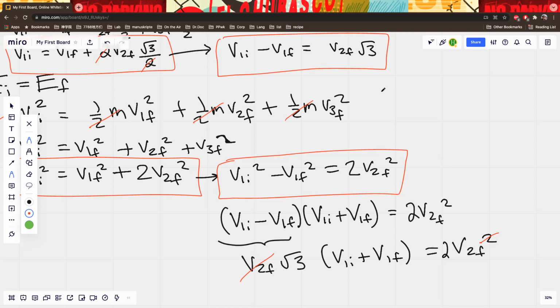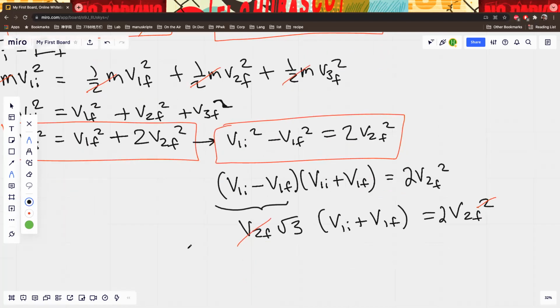Now I can actually plug in V2F here. Oh, I can't zoom out anymore. What's going on?